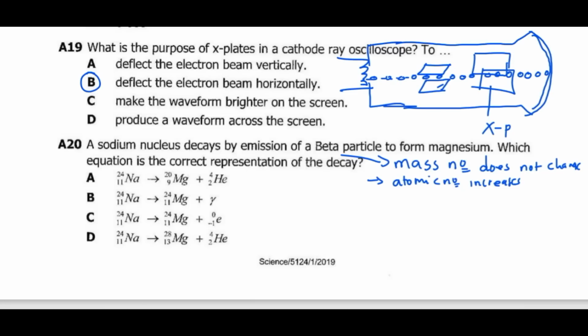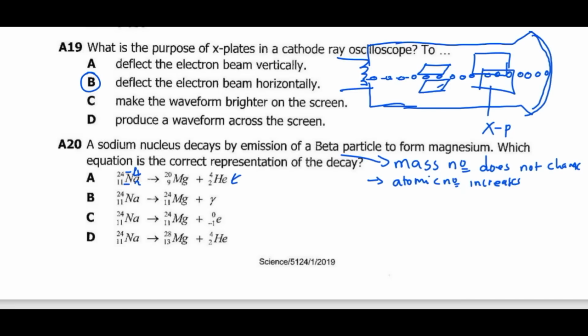Okay, after we're done, we can now look at the first one. A, we have 24, 11, then magnesium. This is not true, because this one is indicating that they subtracted 4. 24 minus 4 gives us 20, 11 minus 2 gives us 9.